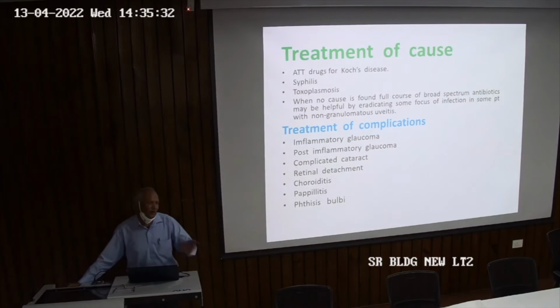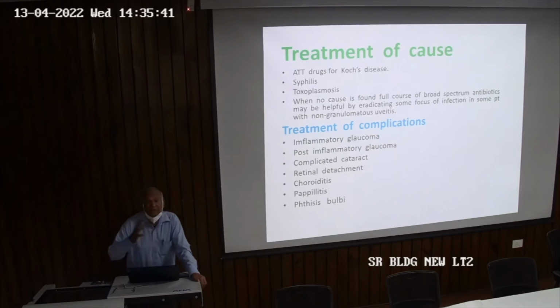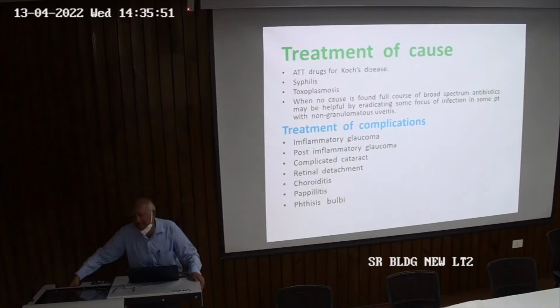If it is bilateral or the posterior part is involved, then we can start systemic oral drugs also. By that time, investigations are sent. Suppose it comes as tuberculosis or syphilis, then we will start the particular treatment. Toxoplasmosis, like that, we will start the treatment.